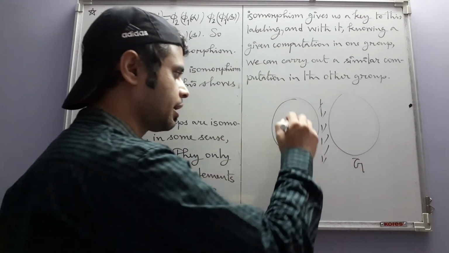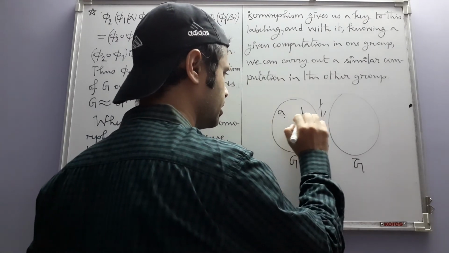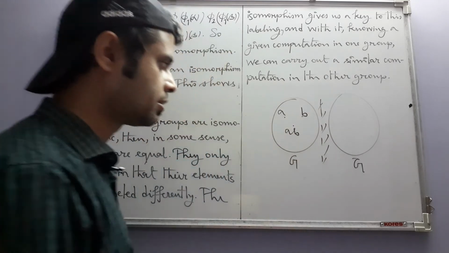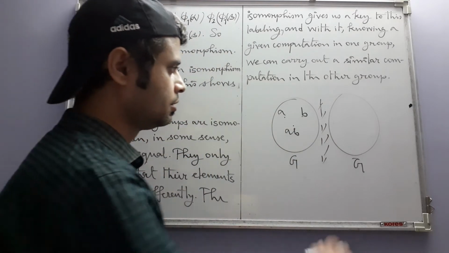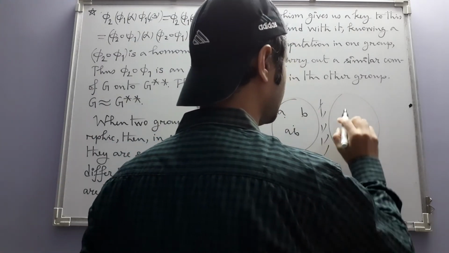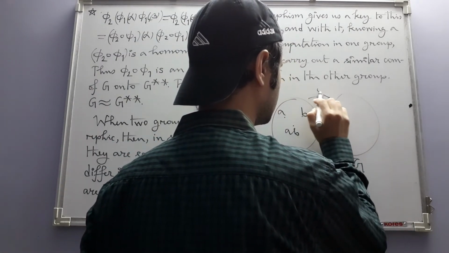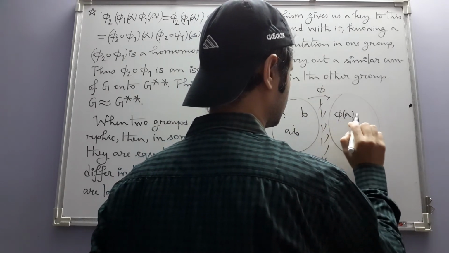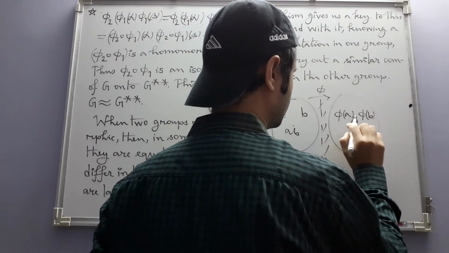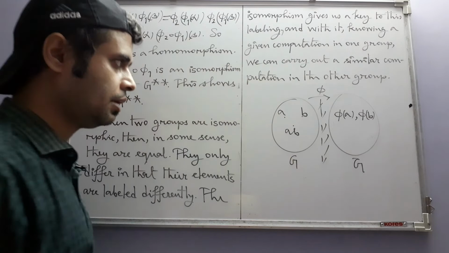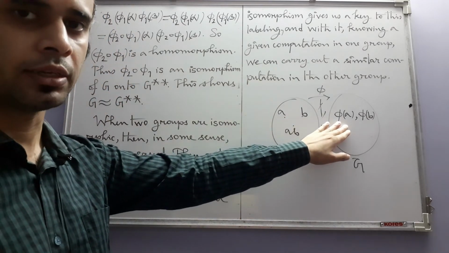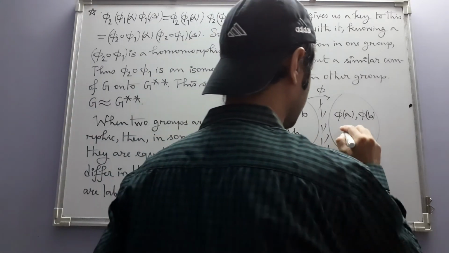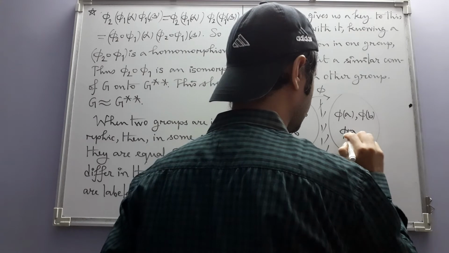Whatever calculation is happening here, say we are taking two elements A and B to calculate the product AB in the group, an exact similar calculation is available in the mirror world. Where in place of A you have its mirror image phi of A, in place of B you have its mirror image phi of B. Just like this one, you can calculate the product phi A, phi B.